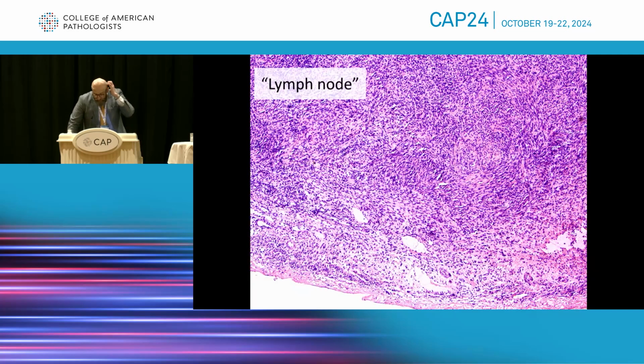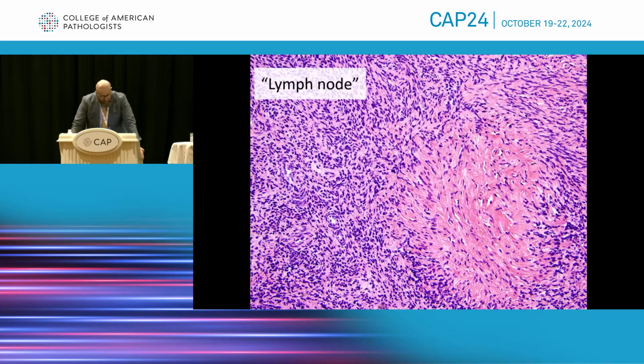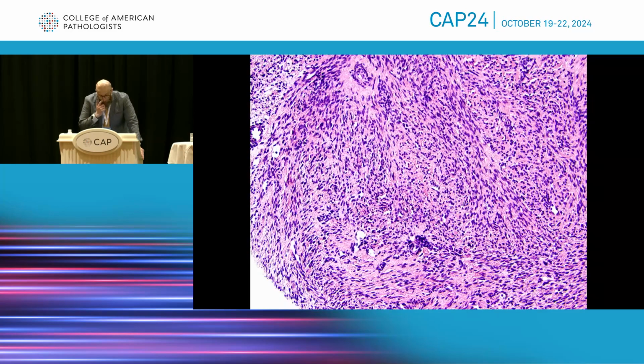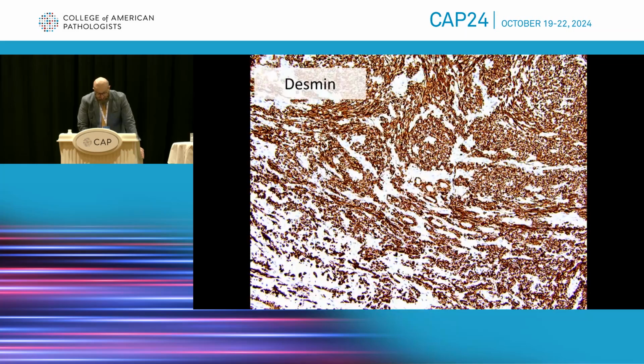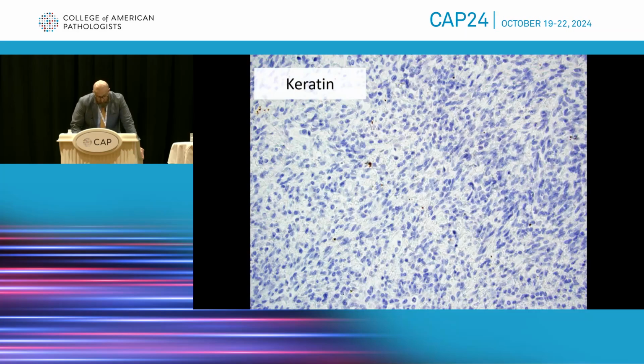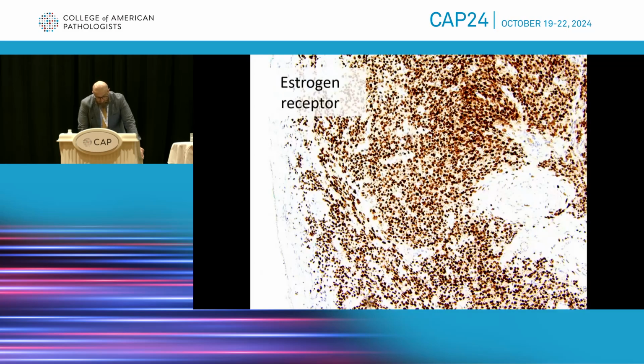Looking at this at higher magnification, it's a spindle cell lesion as well, but perhaps a little bit more eosinophilic than the bladder lesion, some hyalinization and some spindle cells over there. A little bit more compact and cellular without the inflammation. Staining this one, desmin was positive. Keratin was negative, which contrasts to the bladder lesion.